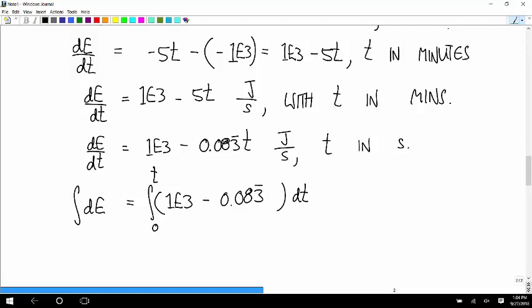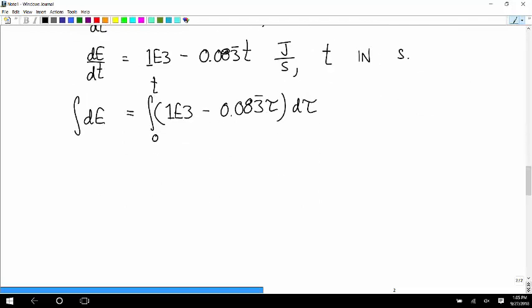And if you want to be careful about it, you'd make this a dummy variable. Okay, so E as a function of time is equal to 1000 t minus 0.0416 repeating times t squared.